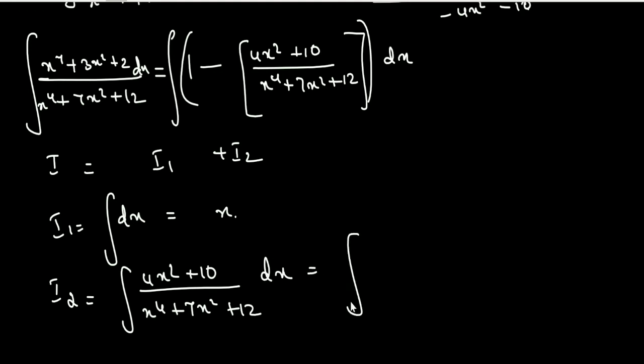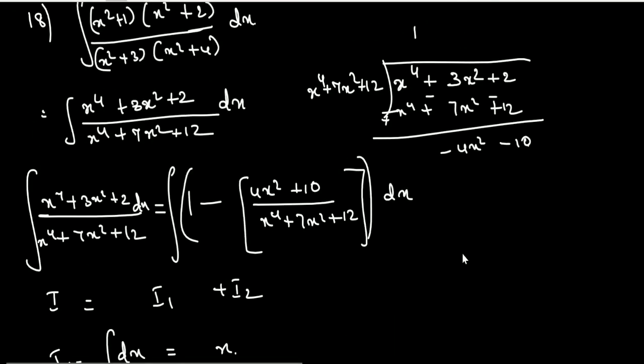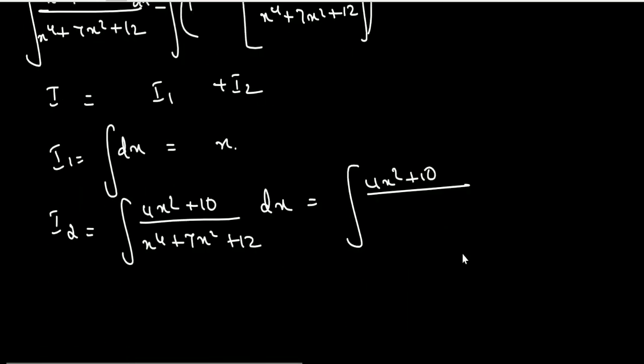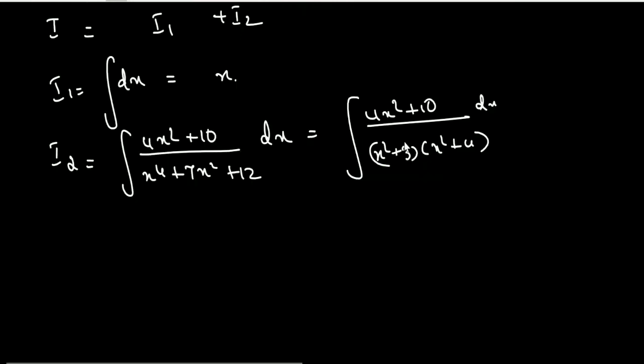You can write the factors here. The denominator you can write as (x² + 3)(x² + 4). Now these two quadratics you cannot factorize. So how do you proceed?